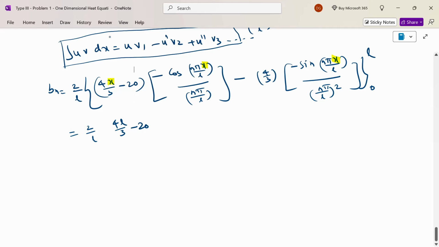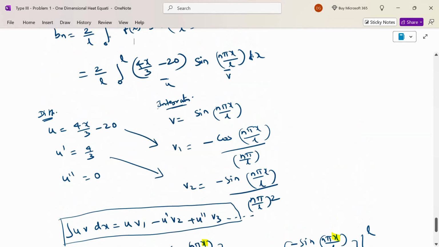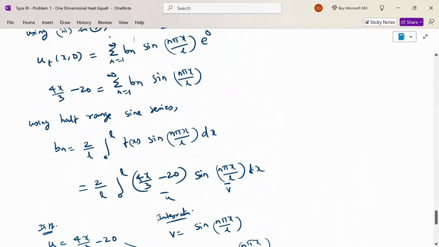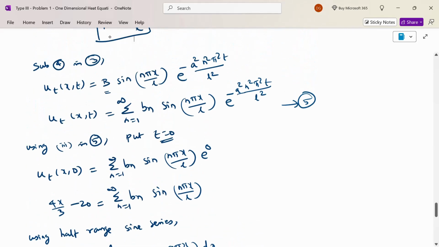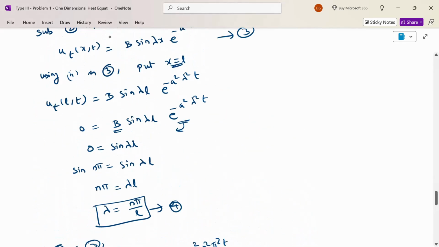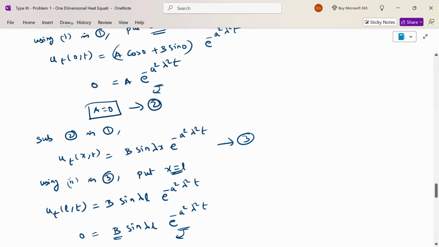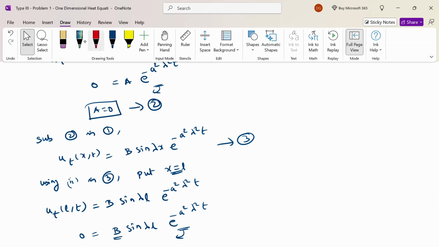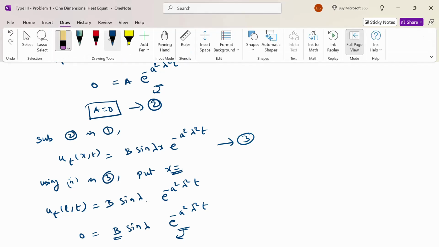But the L value we should replace here, before that it is 30, correct? So L is nothing but 30. So all L values we replace with 30.